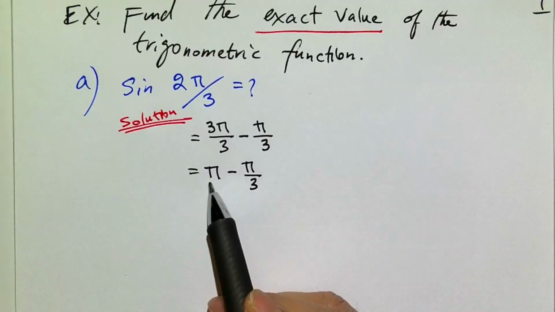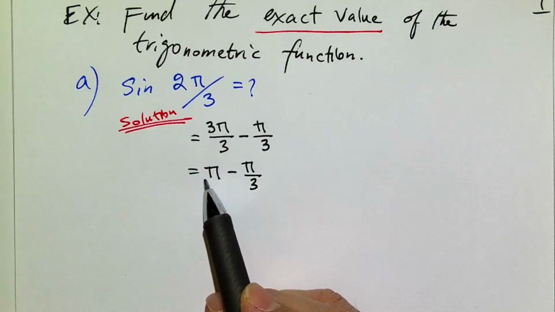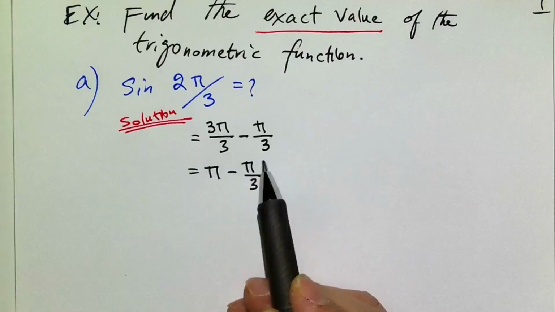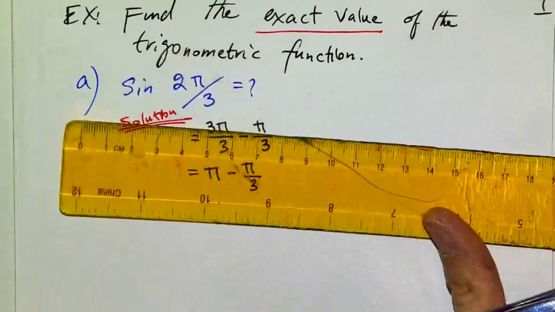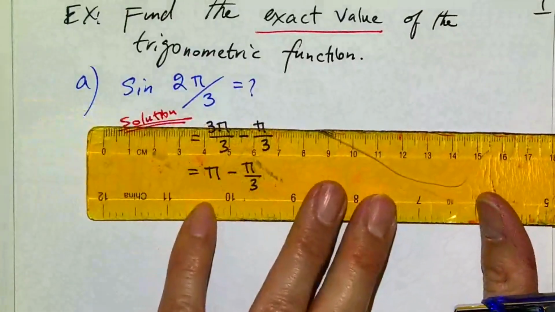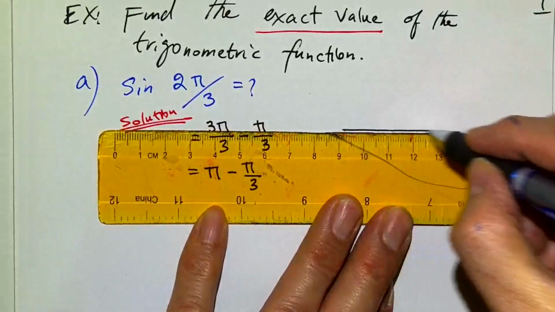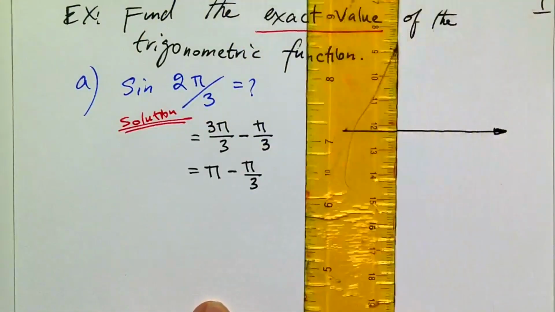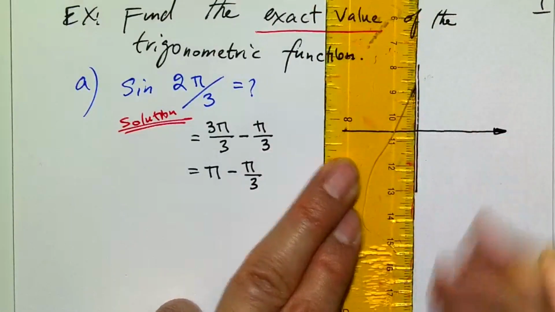So we go pi in the counterclockwise direction, because this is positive, and then we subtract, or go in the clockwise direction, pi over 3. I know by now at least 90% of you, if not all of you, know in which quadrant this is. But if you have any doubts, let me draw a little graph.